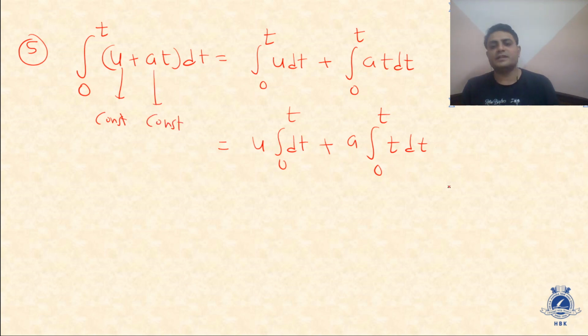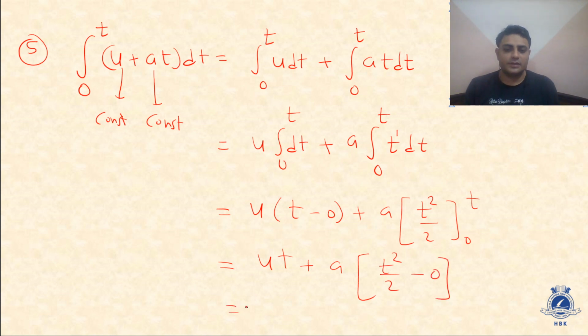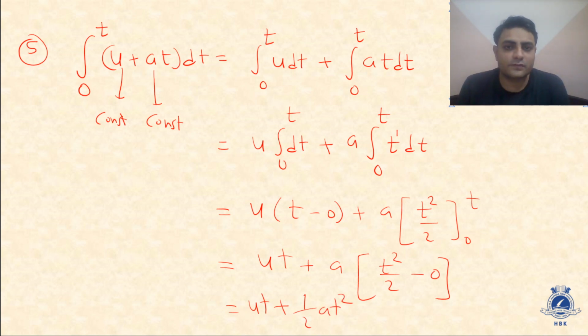So if constants are there, they will come out of the integration, that will lead to u into bracket t minus 0 plus a. See over here we have t raised to 1, so the answer will become t square by 2 from 0 to t, and that will give ut plus a. Instead of t we keep t, we get t square by 2 minus 0, we get ut plus half at square. Okay, so this is the formula of integration.